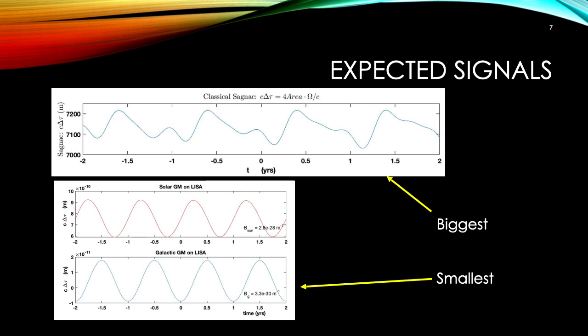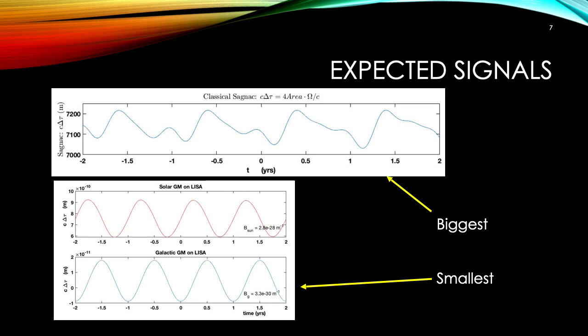The result is that the combined oscillation and motion of the space stations produces a shape like the one you see there over a 4-year period, from minus 2 years from now to the next 2 years.